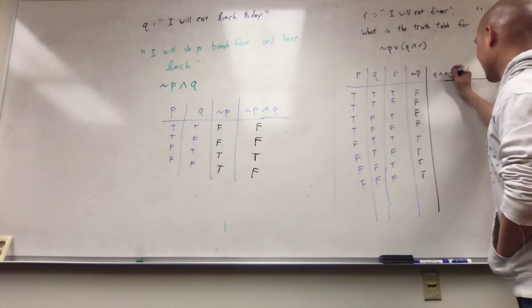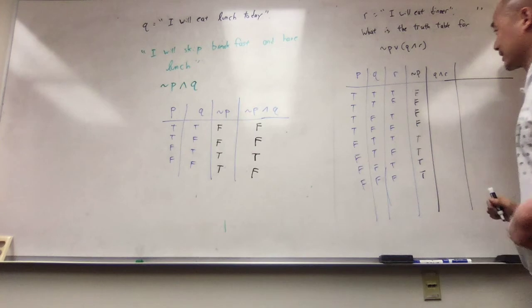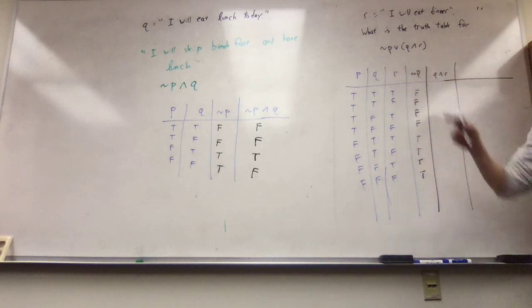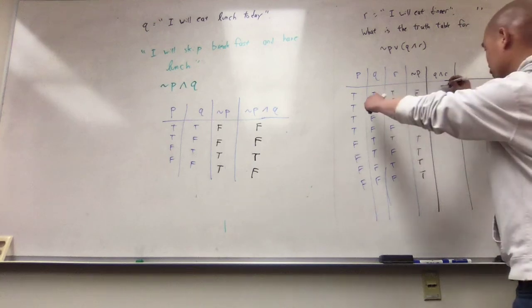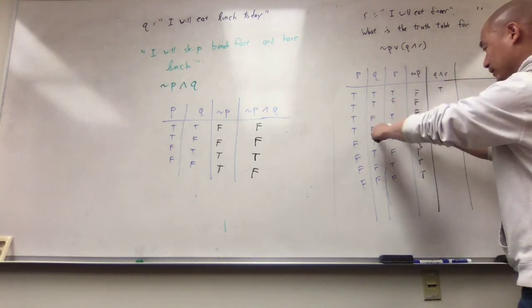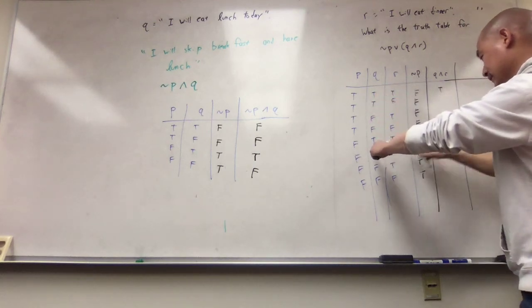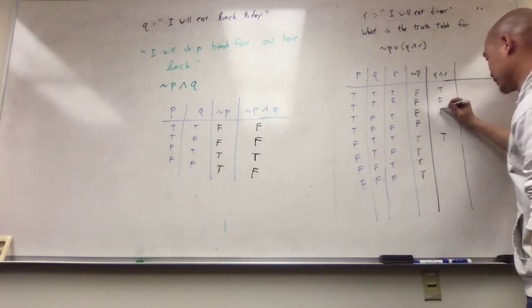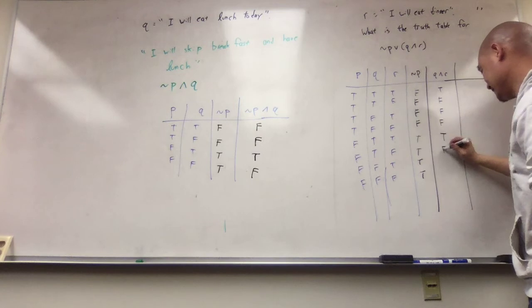Q and R. Let's take a look at that. Well, Q and R is only true when both Q and R are true. So true here, false, false, false, true here, false, false, false. Right? So then we'll write false in for all of these.